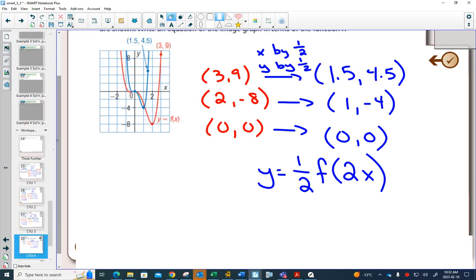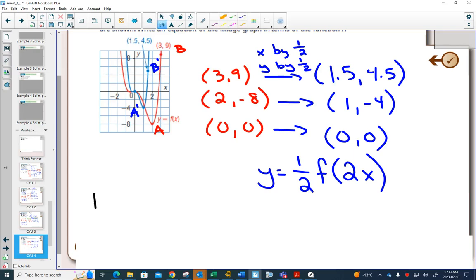I'm going to label my points on my original graph. I'm going to choose this point A and this point B. And on my image graph, point A goes here, so I'm going to write A with a little dash mark. In mathematics, we often say A prime, and B prime.